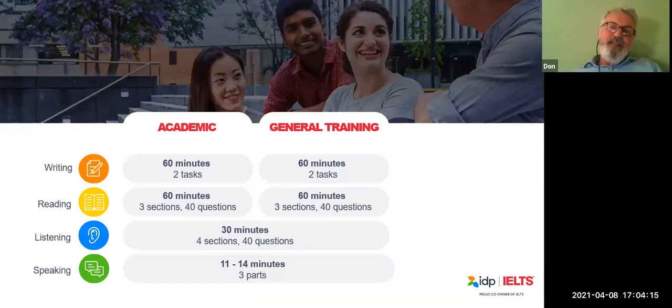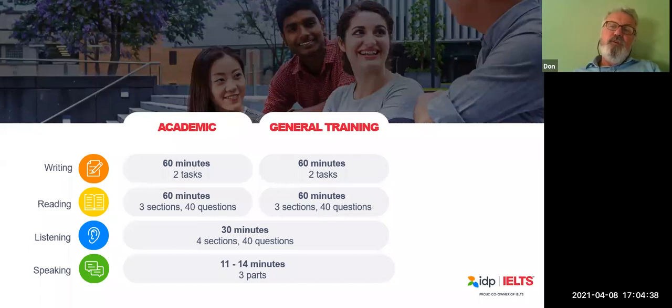Now you'll see here in this slide that there are two types of IELTS. There is the academic IELTS and the general training IELTS. IELTS is unique because it offers two different types of test. The academic test is used for entry to a university.